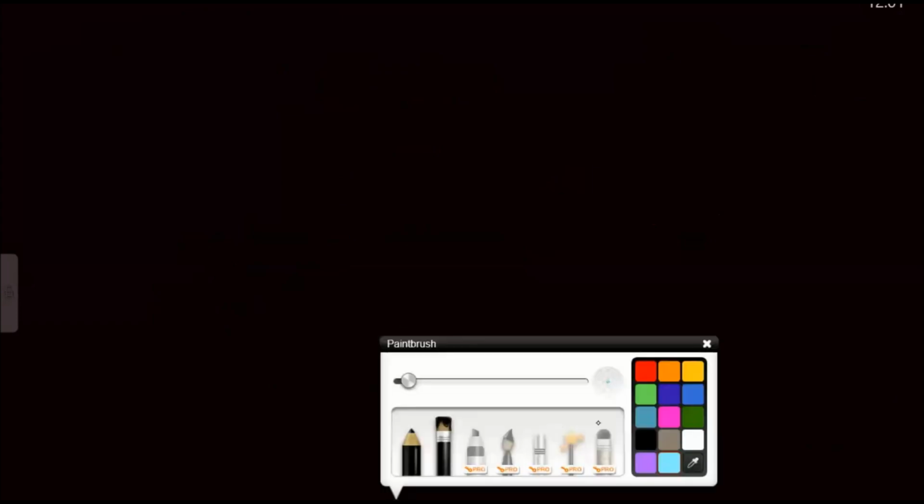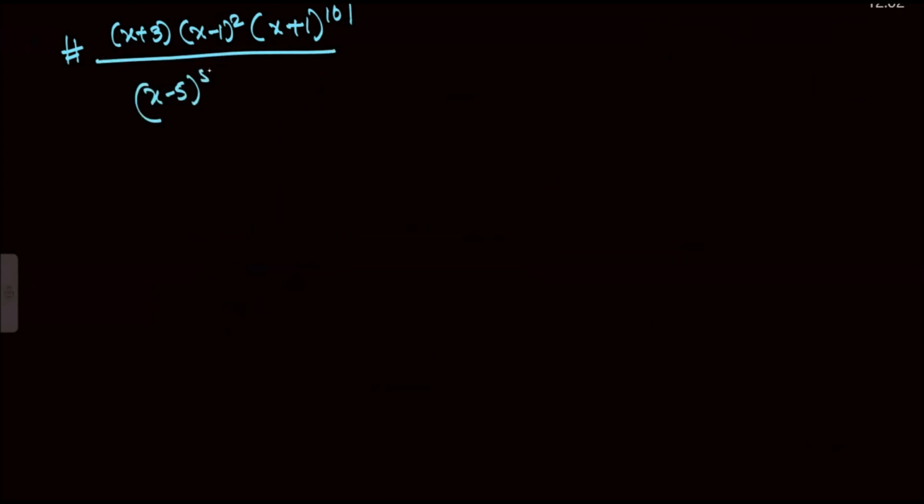Let's do another problem. (x plus 3) into (x minus 1) whole square into (x plus 1) whole to the power 101, whole divided by (x minus 5) whole to the power 50 into (x plus 5) whole cube into (x plus 10), which is lesser than or equal to 0.